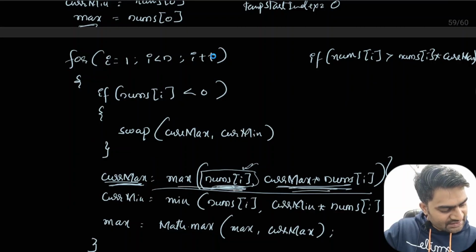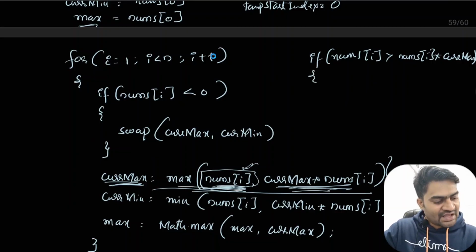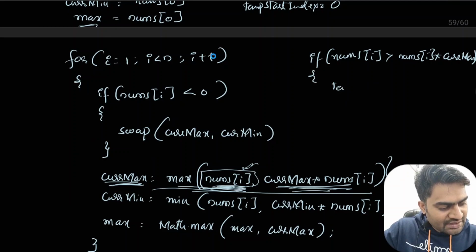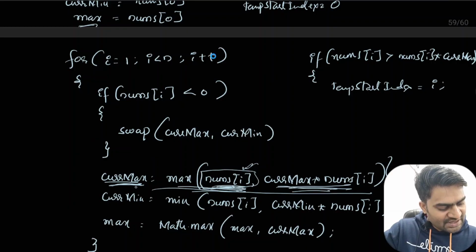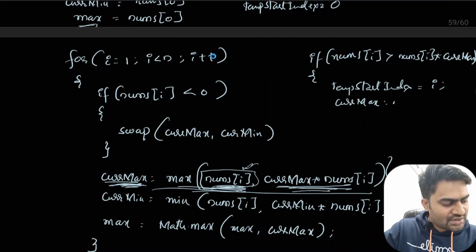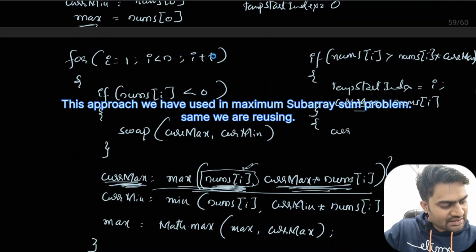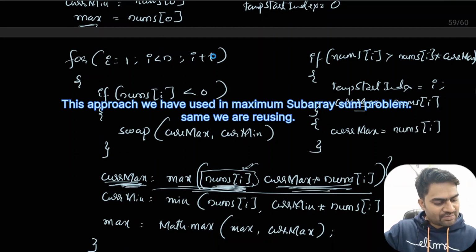Then I will update my temporary start index with the current index, which is I. Then I will update my current max to nums of I. If this is not the case, I will simply update my current max with nums of I. So this is one update in place of this particular line.